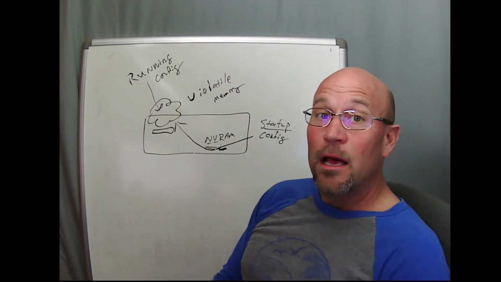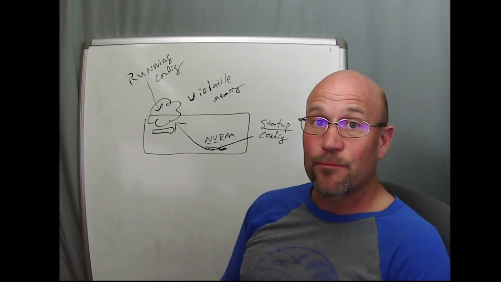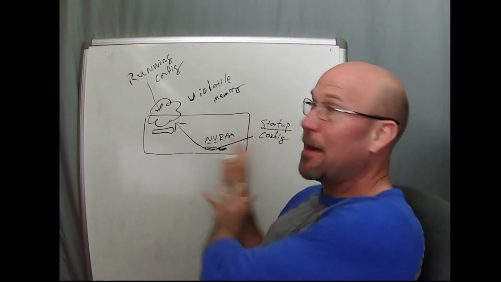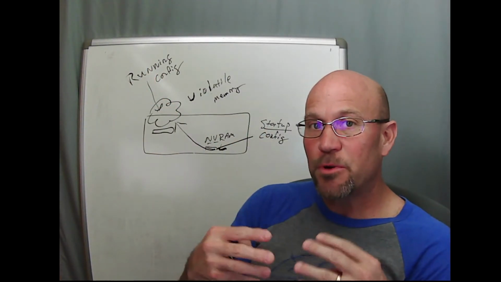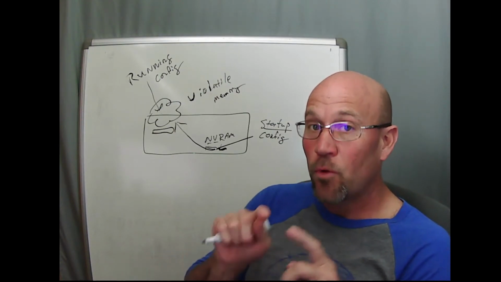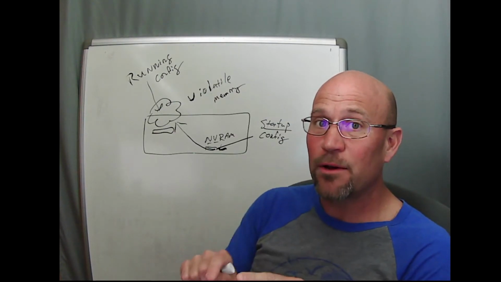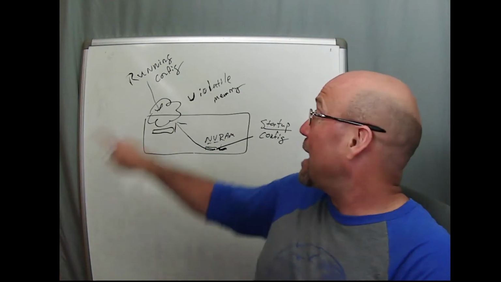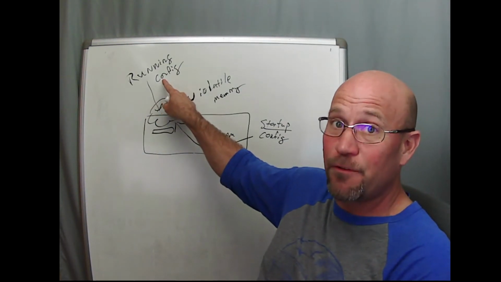All right? When you go into config T, after the router's booted up, this happens as it's booting up. After the router's booted up, you as an engineer, administrator, go into config T. When you're making changes to the router and you're configuring it, you're actually configuring the running config.